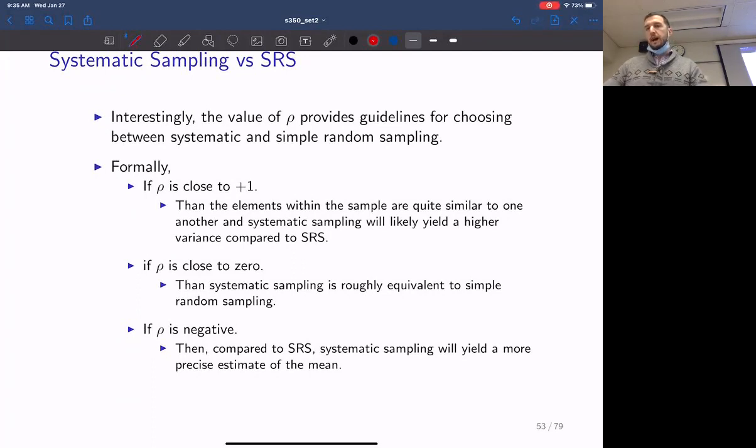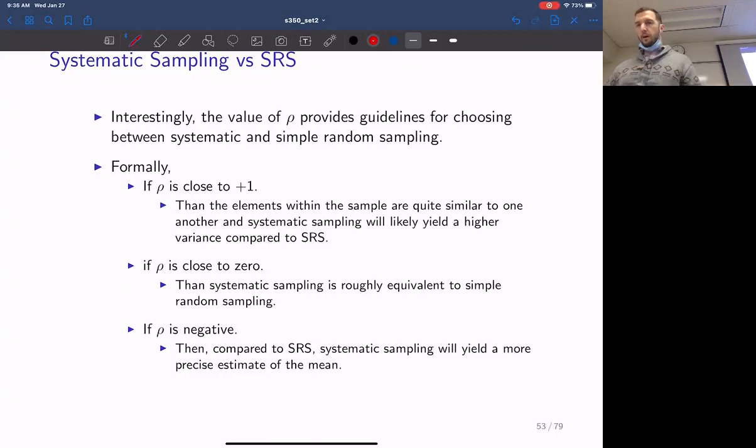So how do we know when it is appropriate to use these estimates from SRS in the systematic case? All right, as we established, when rho is close to 0, we're going to get basically the exact same variation. So the idea would be we would use these estimators when we have evidence that rho is close to 0.